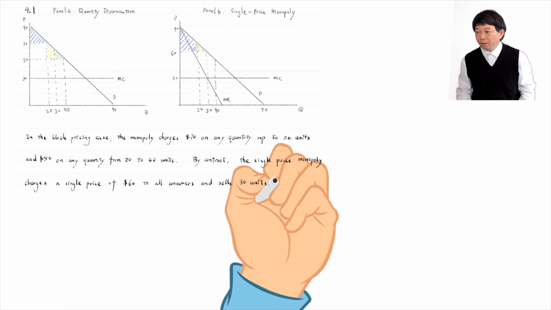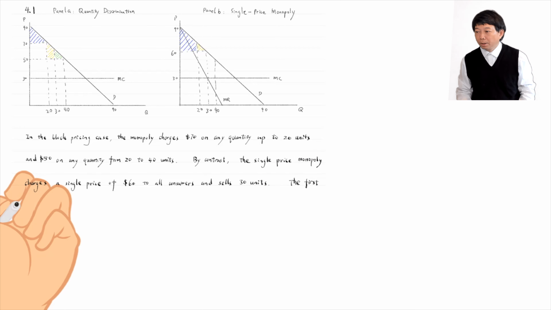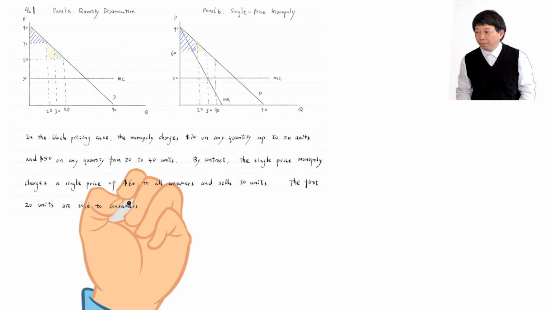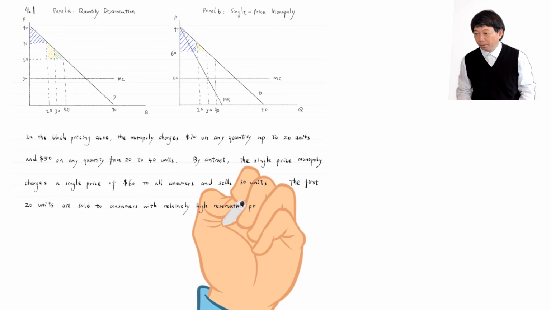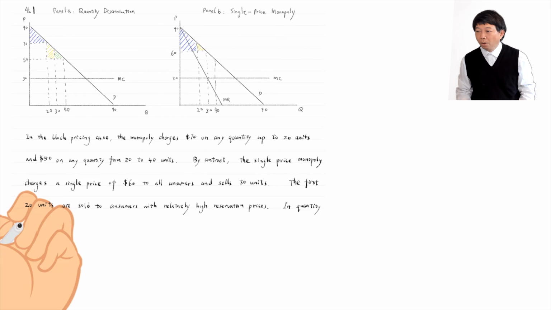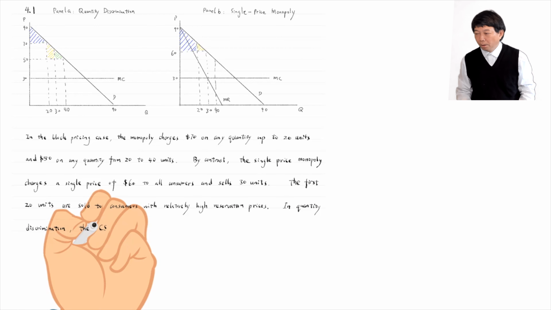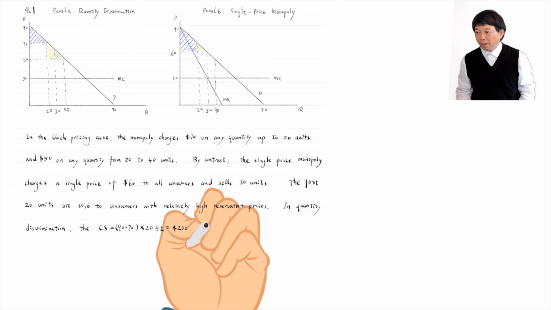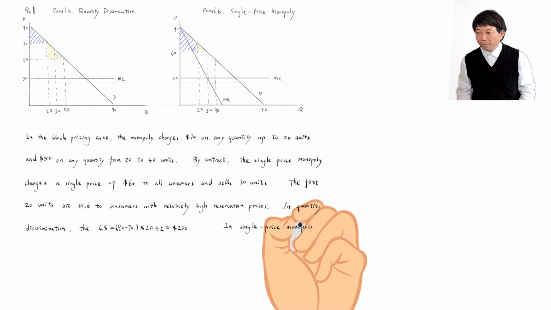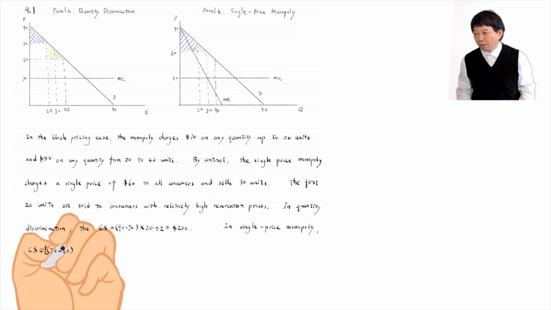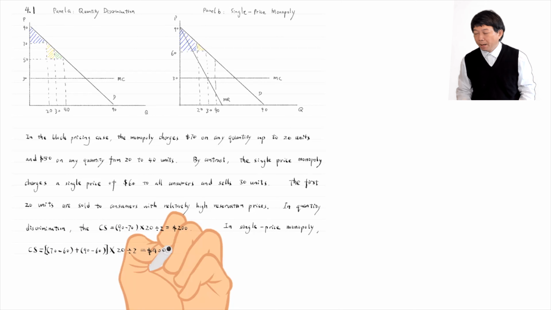The first 20 units are sold to consumers with relatively high reservation prices. In quantity discrimination, the consumer surplus is the blue area in panel A, which is $200. In the single price monopoly, the consumer surplus for the 20 units sold is the blue area in panel B. It is $400.